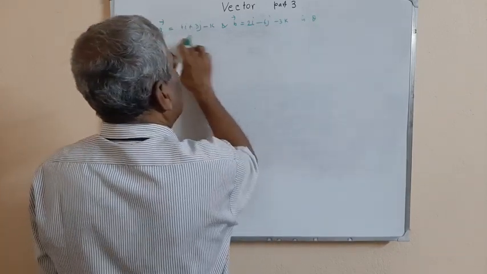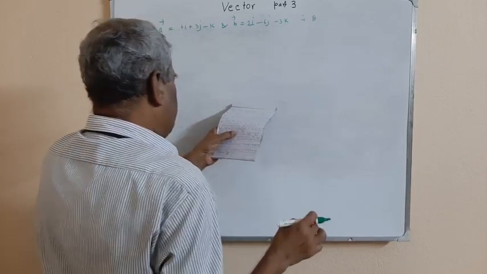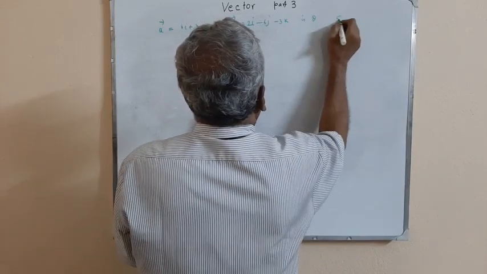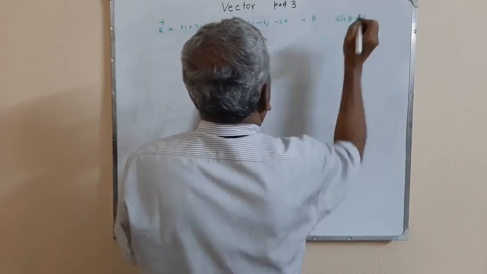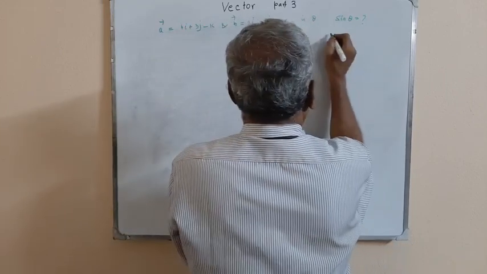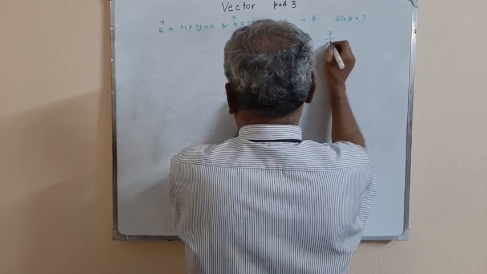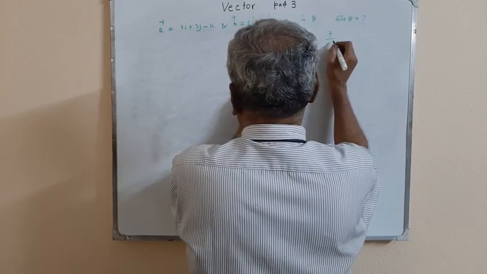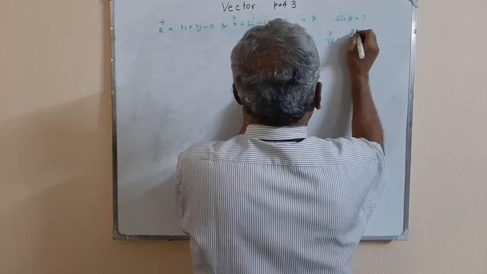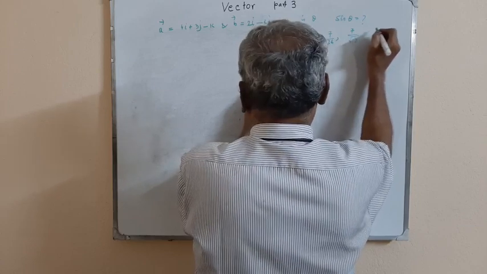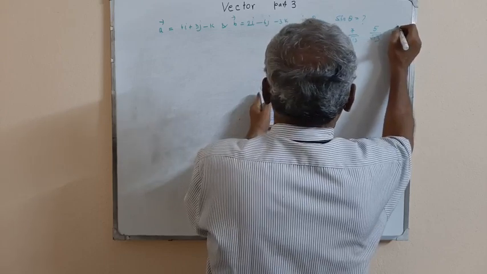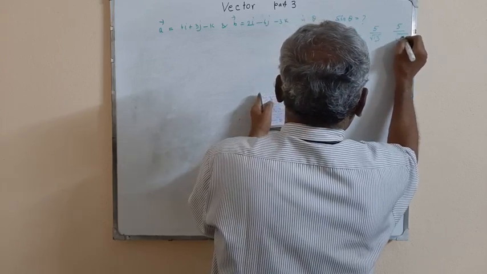Given that the angle between this vector and that vector is theta, we need to obtain sine theta. Sine theta how much? Options: 7 by 20, 26, 7 by root 13, 5 by root 13 and 5 by root 26.